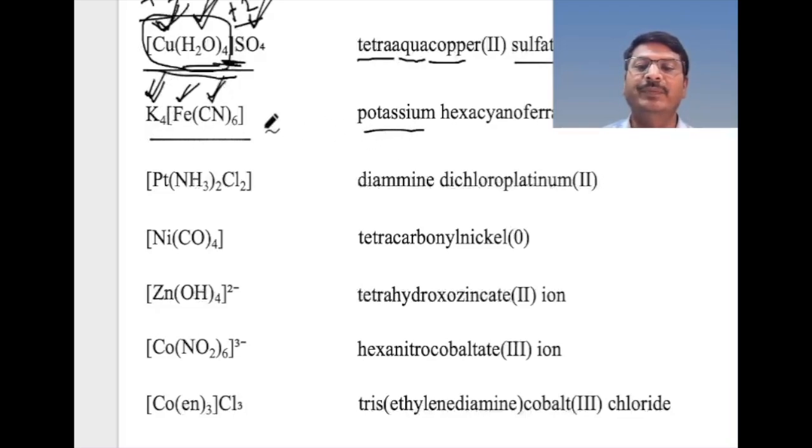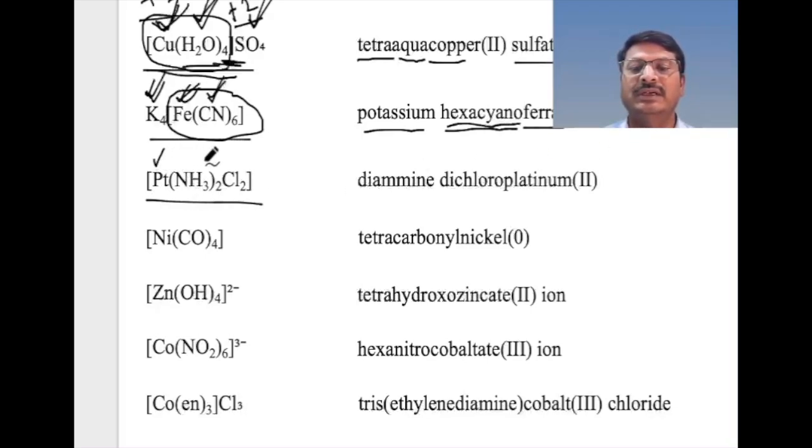So potassium hexacyano, these are the ligands. Number of ligands is 6, and cyanide is the ligand. You are writing hexacyano, and this is a negative charge complex. That's why I am writing iron as ferrate. So ferrate, and the oxidation state of the iron is 2. This compound name is potassium hexacyanoferrate(II).